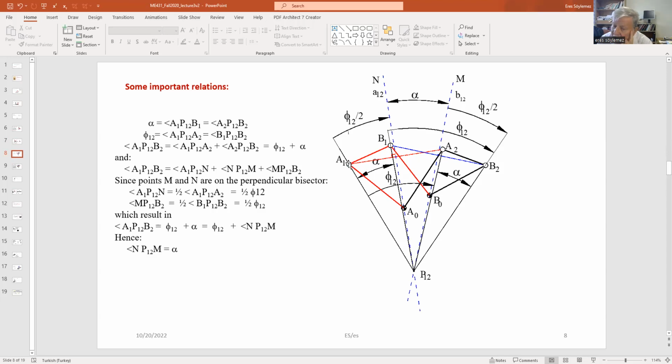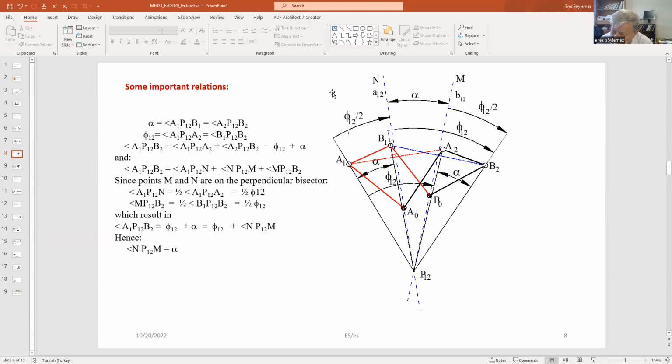However, the angle A1, P1 to A2, which we call phi 1,2, is true for any point A that you select, as long as the given two positions are the same. For B, B1, P1 to B2 is equal to phi 1,2.